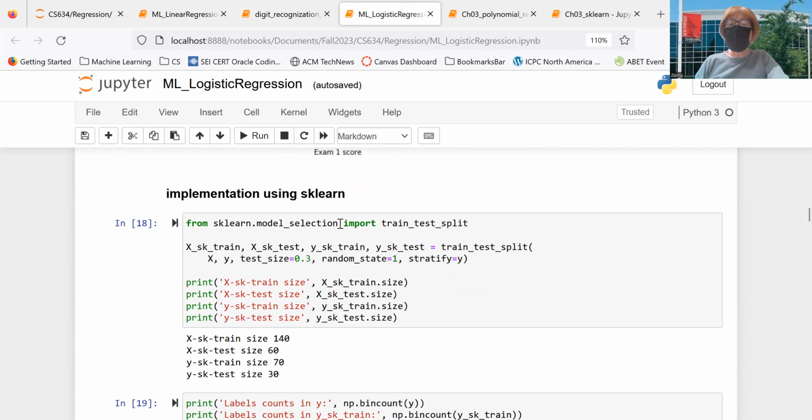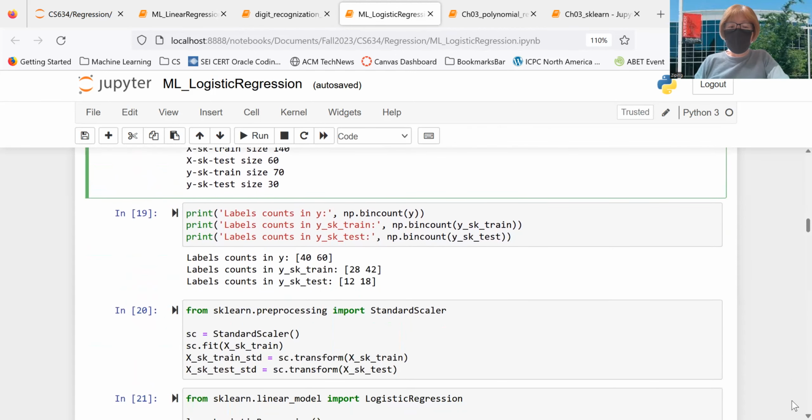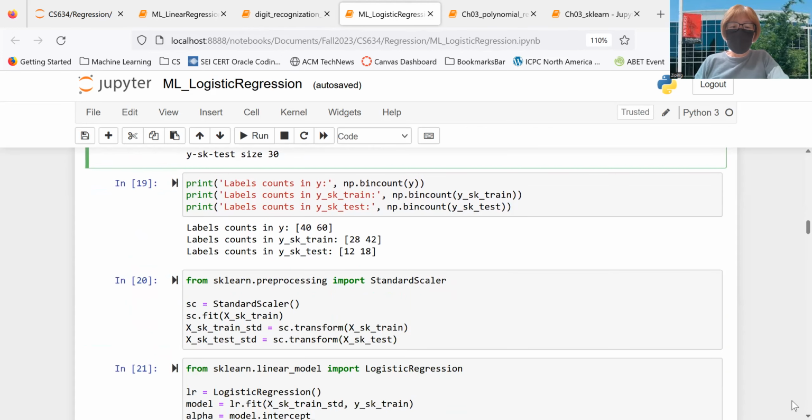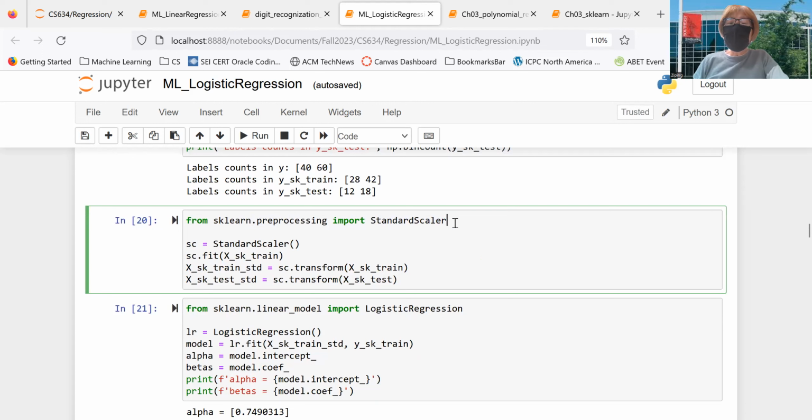The first step, you do the training and testing data split. And then we do feature scaling, using the standard scaler. Then you need to do the transform for your training data and the testing data.